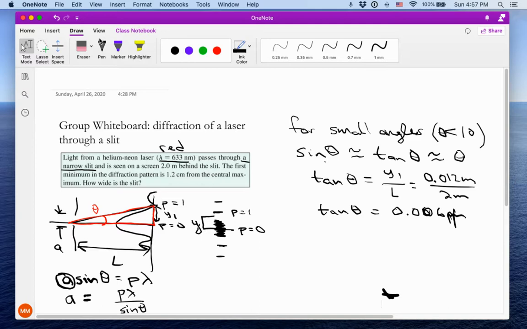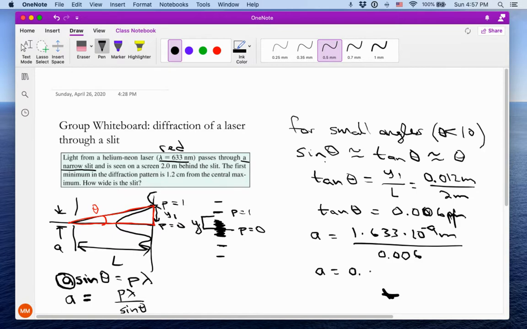And so now if I plug in, A is equal to P, which is 1, times 633 times 10 to the minus 9. So I'm converting nanometers to meters, divided by 0.006. When I solve that, I get 0.000106.